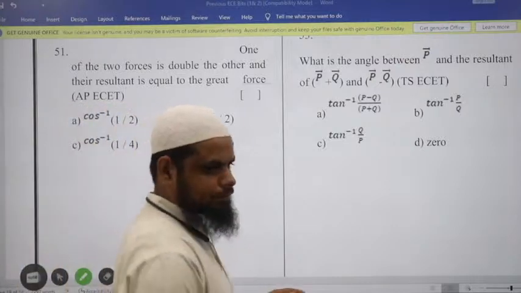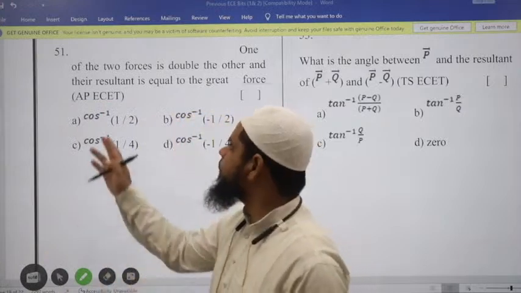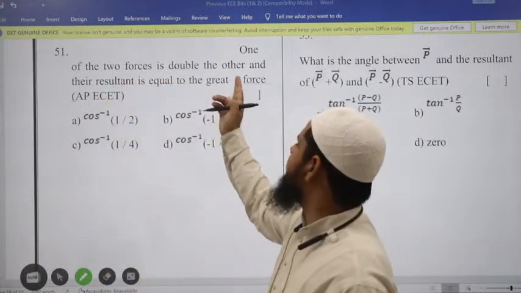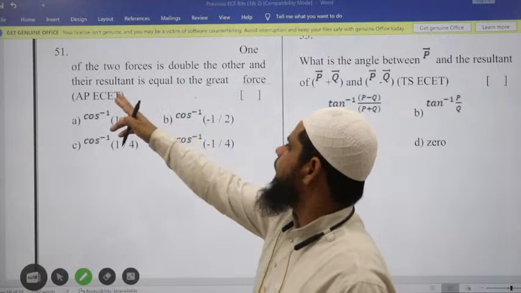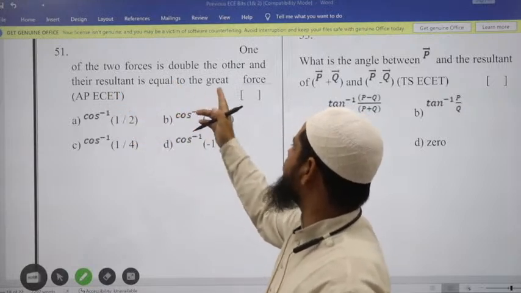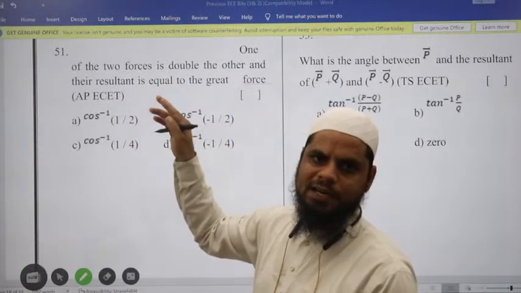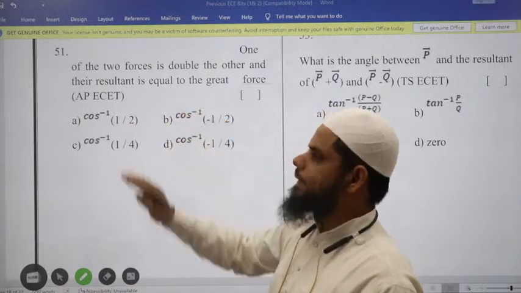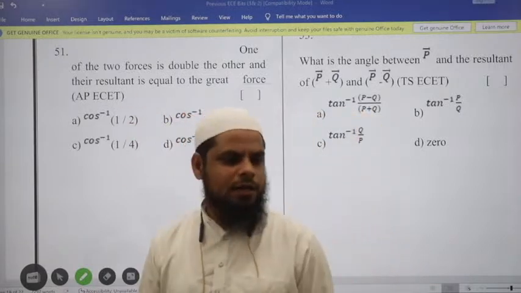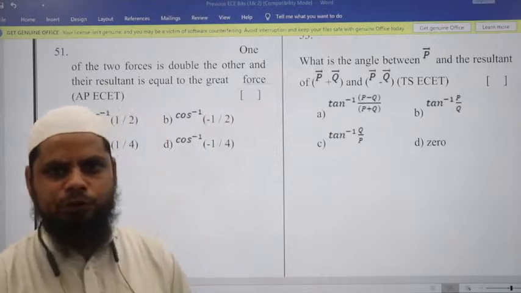So what is this problem? See here, one of the two forces is doubled, the other, and the resultant is equal to greater force. The resultant equals that greater force.